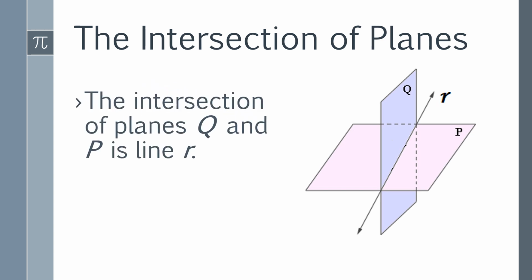When two planes intersect, the intersection is always a single line.